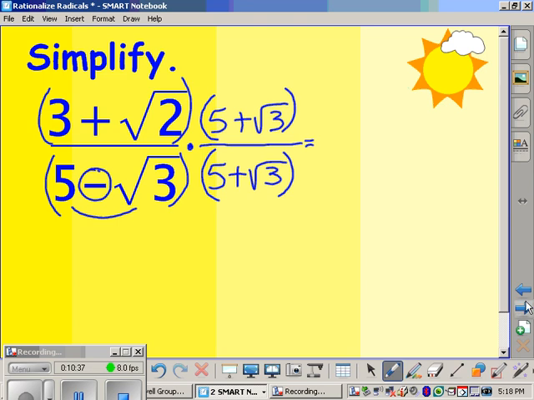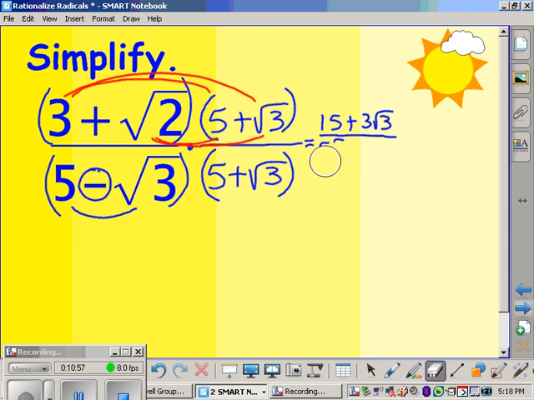So in the numerator, we will take the 3 and multiply it by the 5 and the radical 3. And this will give us 15 plus 3 radical 3. And then we will multiply radical 2 times 5 and times radical 3. And we will get 5 radical 2.